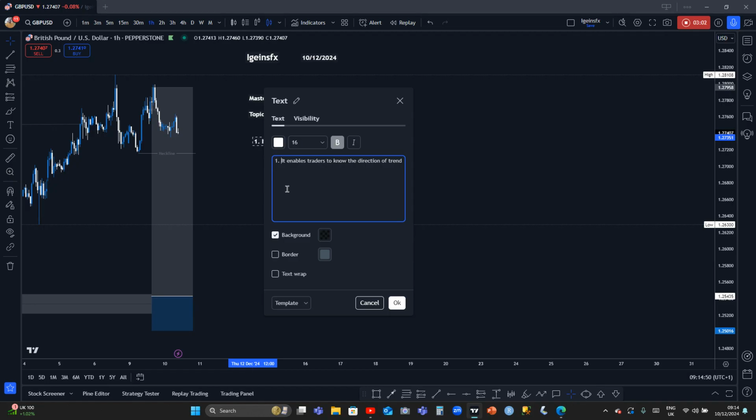Then the second one is market structure helps traders identify trading opportunity.